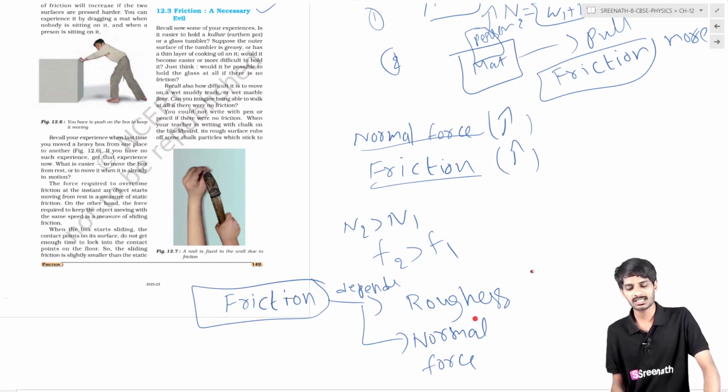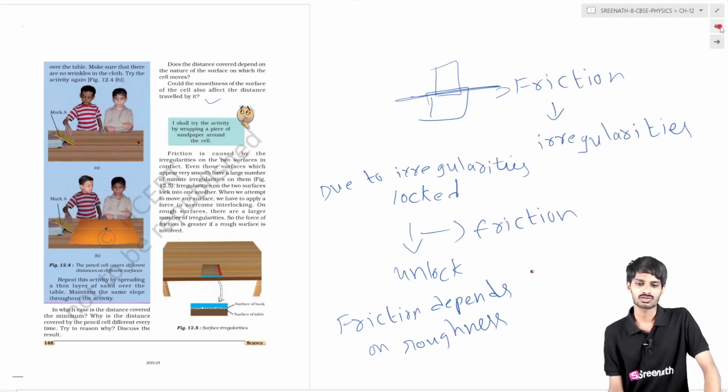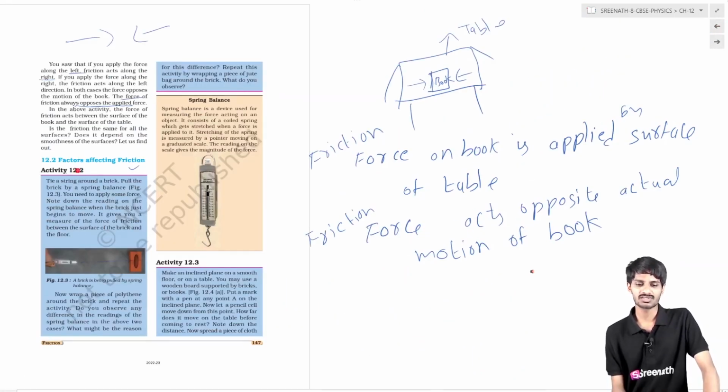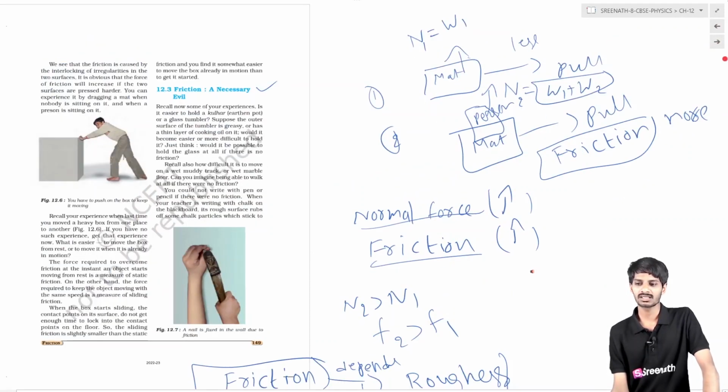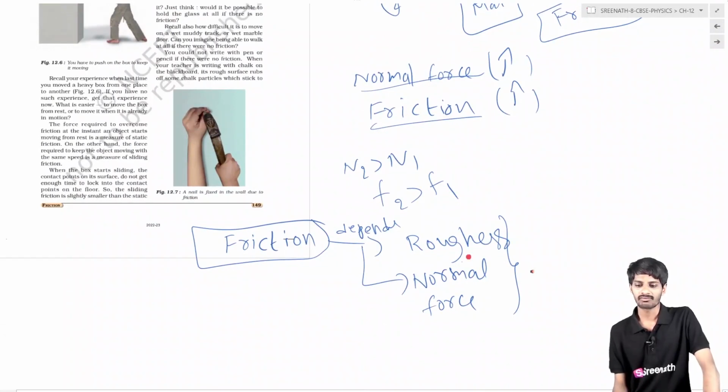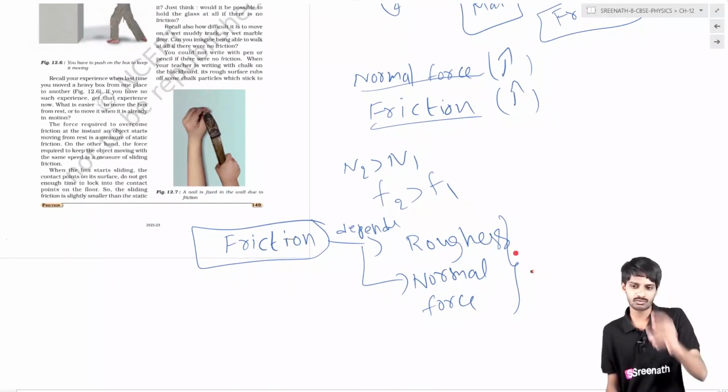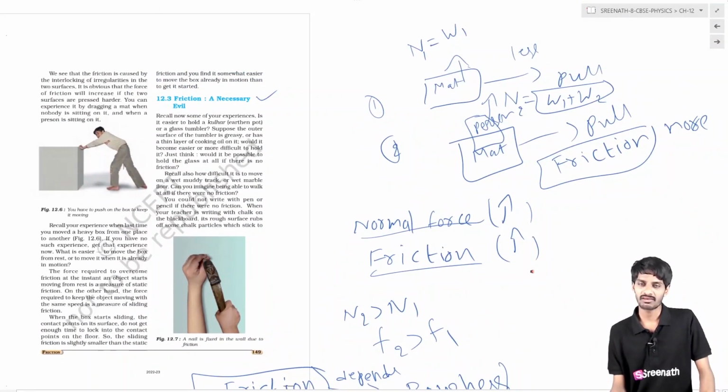When normal force increases, friction also increases. So these are the two factors which affect the frictional force. Factors affecting friction: what are they? The two factors affecting friction are nothing but the roughness and the normal force.